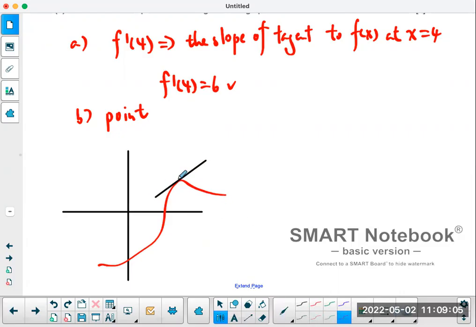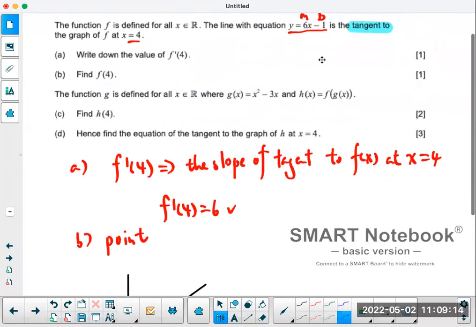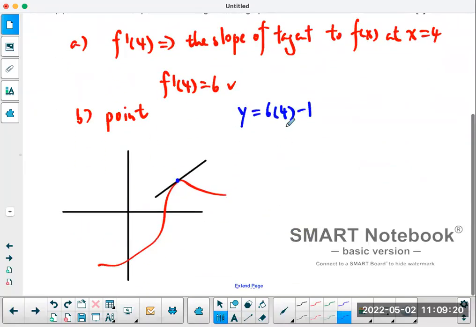This point is common to both the graph and the tangent line. So all I have to do is put 4 into the tangent line. y equals 6 times 4 minus 1. 6 times 4 is 24. 24 minus 1 is 23. So the point here is actually (4, 23).